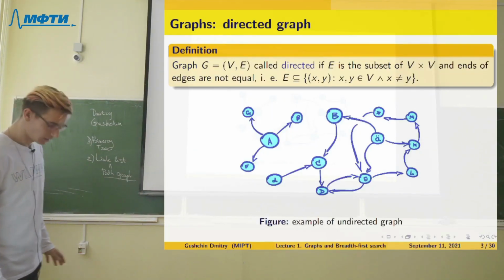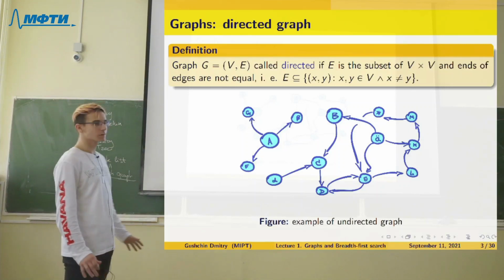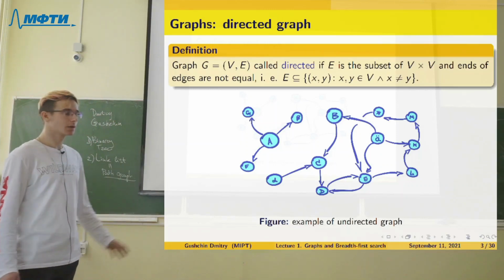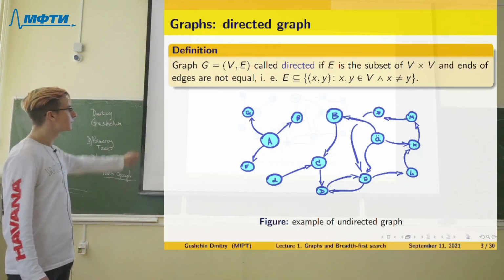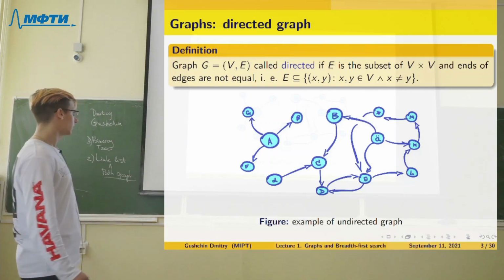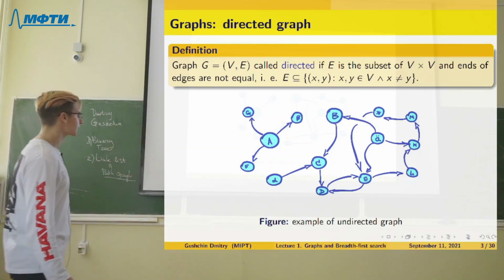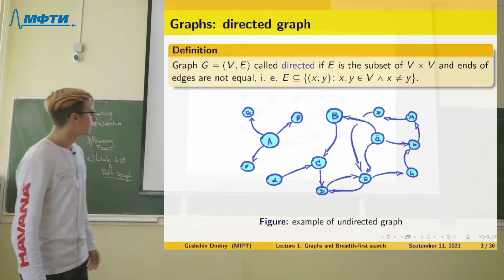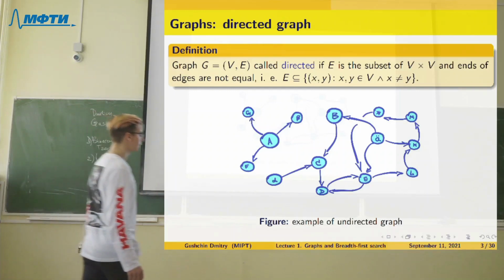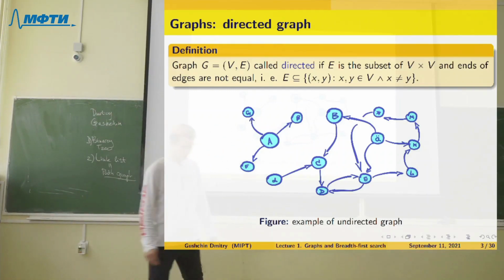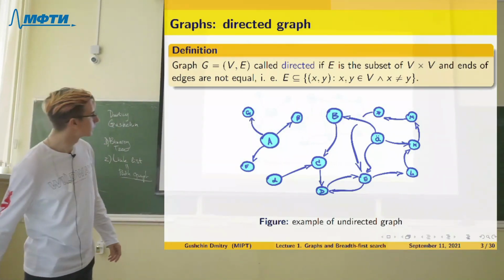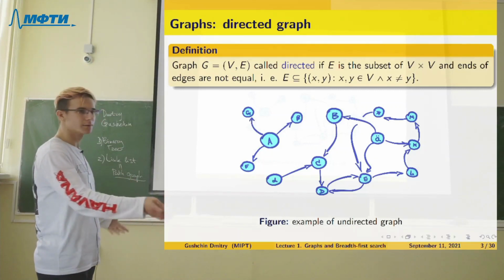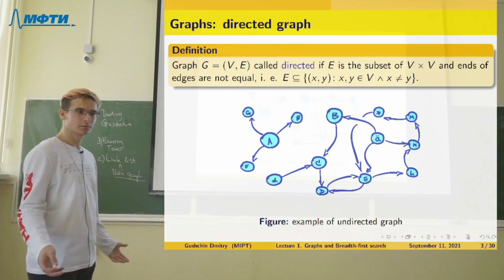Another definition: there are two main classes of graph that you need to know, directed and undirected. A directed graph is usually drawn with vertices as circles with arrows between them, and there can be edges between two vertices that connect D with E and E with D. There is no contradiction, yeah?